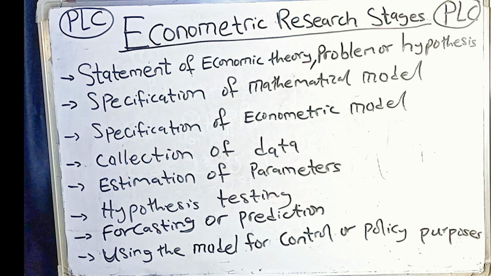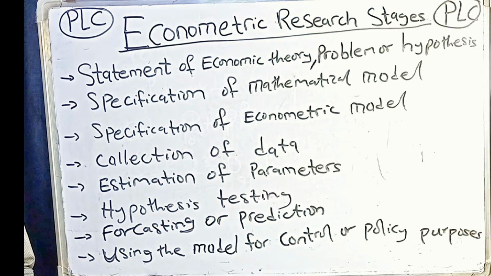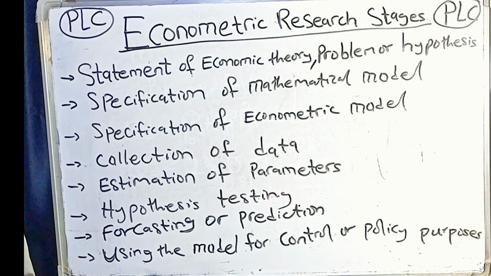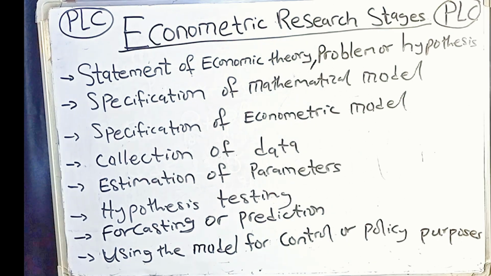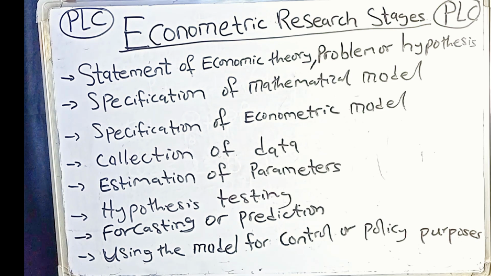Now we must not forget, from our previous video on the explanation of econometrics, we can get a glimpse that econometrics bridges the gap between abstract economic theory and real world data, that is real world reality. That is, we're using data now to verify economic theory. So the first thing, we start with the statement of the theory, e.g., the demand theory. We say that there's an inverse relationship between the price of a commodity and the quantity demanded.